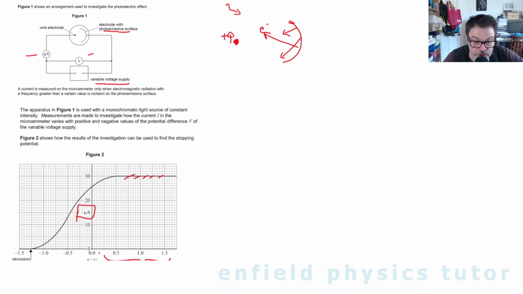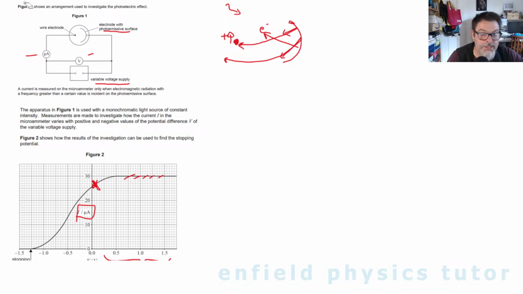But when the voltage is small, say here, just less than a quarter of a volt, some of these electrons will be attracted, because they're moving quite slow, they'll just curve and arrive at the electrode. But this one here, it'll curve a bit, but it's not going to curve enough to arrive at the electrode.